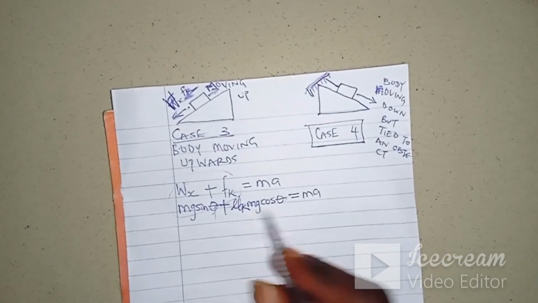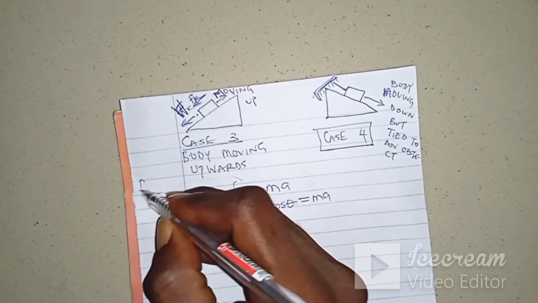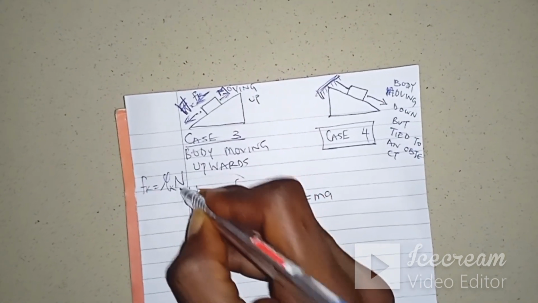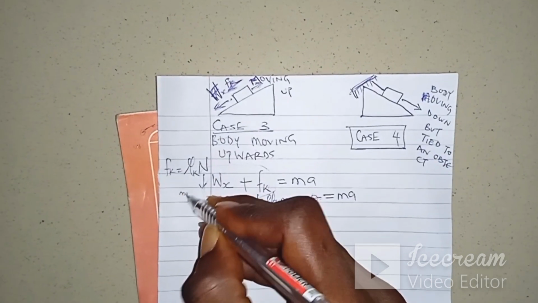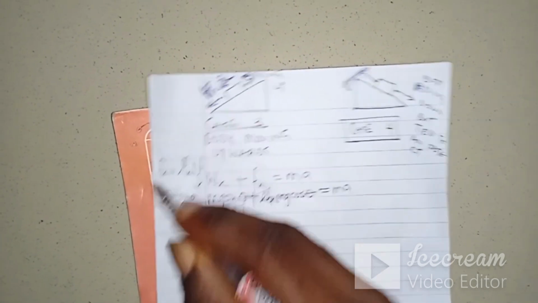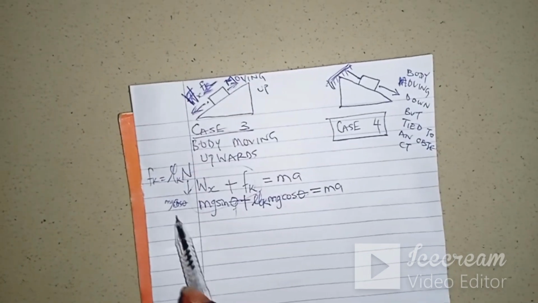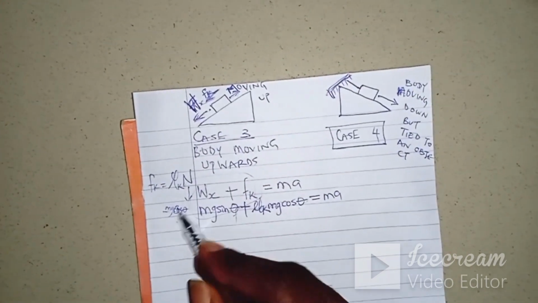And I've shown you how to get this. N is equal to mg cos theta. So carry it and put it. That is how you get that.